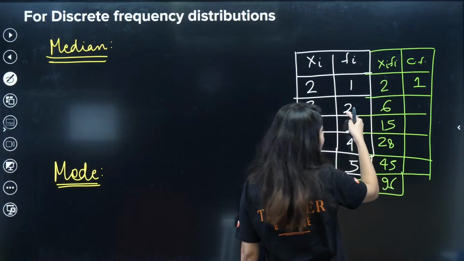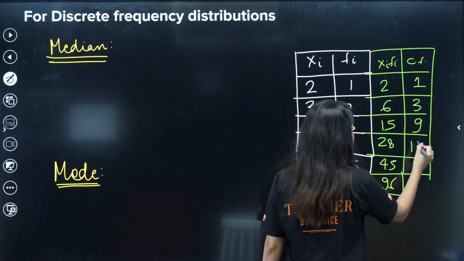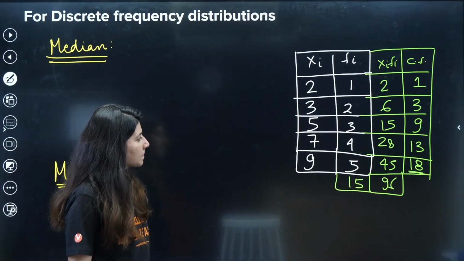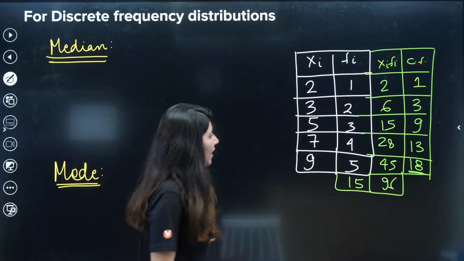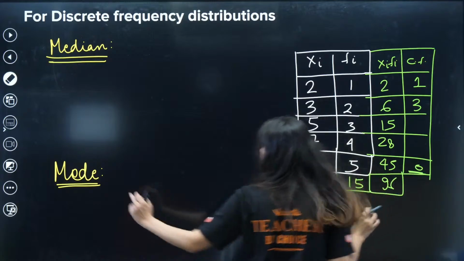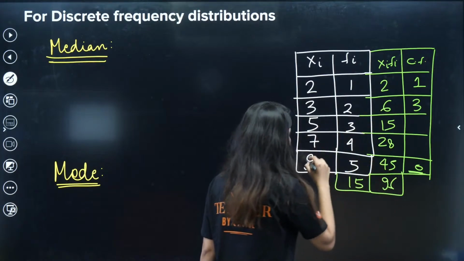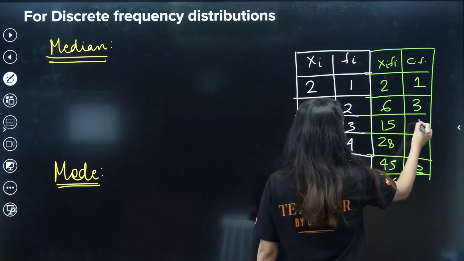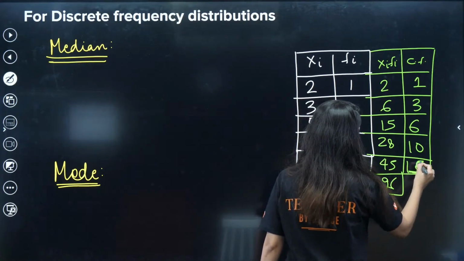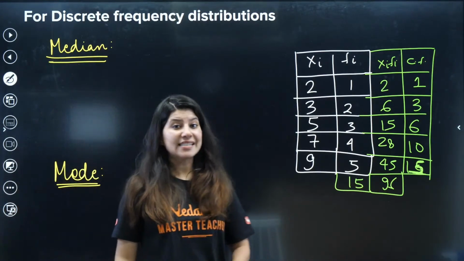Now 1 plus 2 is 3. 3 plus 3 is 6. 6 plus 4 is 10. 10 plus 5 is 15. Now this is correct. The moment you calculate cumulative frequency, for the median we have the same formula.